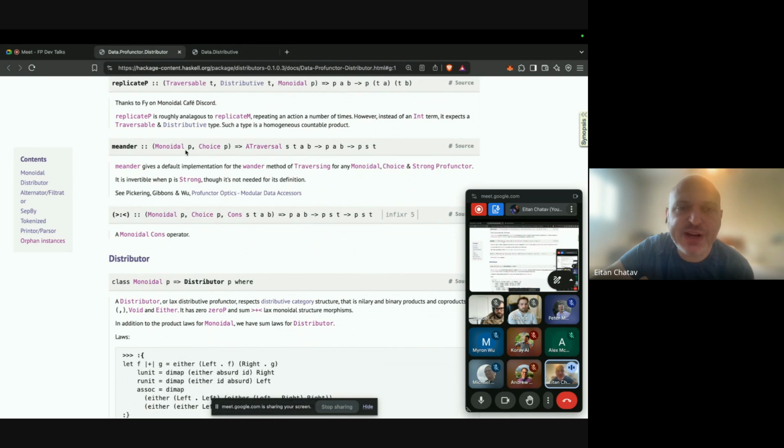Meander is, if I have a monoidal T, which is also choice, then I can apply a traversal and have an action on it.